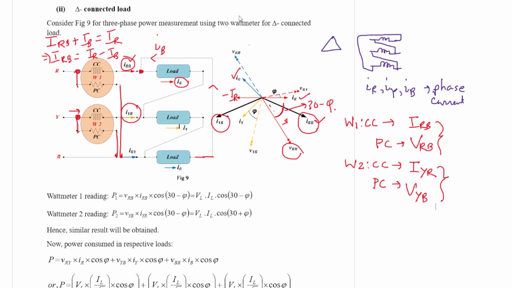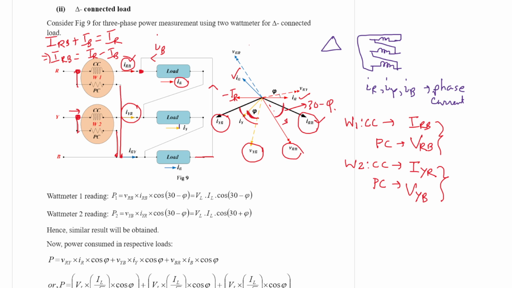The VYB phasor is this, and the IYR phasor is this. This is phi, no doubt.